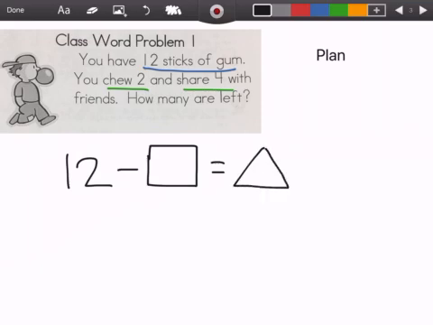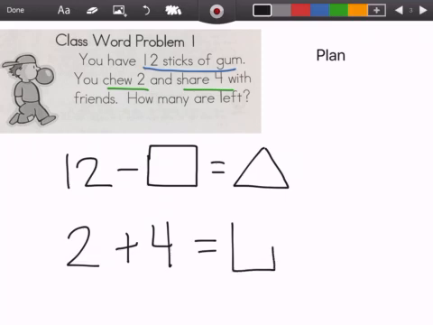Right? But how do we know how many we're getting rid of? How many are we losing? Well, there's this other part that we have to do. We need to do how many we chewed plus how many we shared to figure out what that square is. So this is a two-step problem. First, we need to figure out this problem.